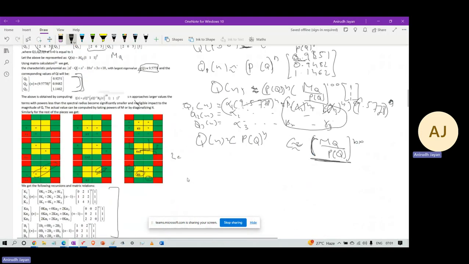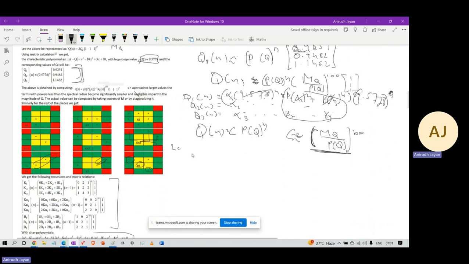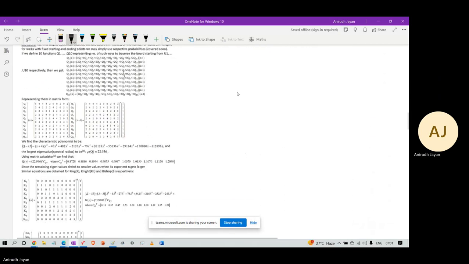Now, this is how it's solved for the 4x4 square chessboard for all the 4 pieces. We will cover the rook in the end because the rook one can solve for any dimension. This we will cover in the end.